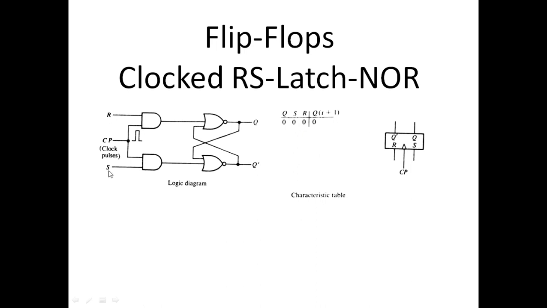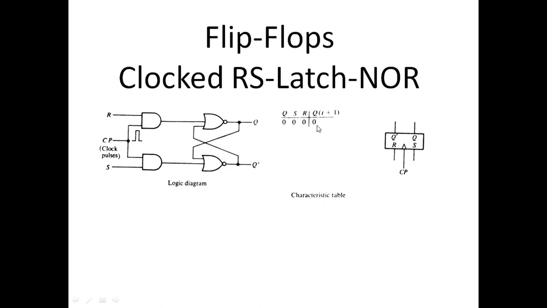Assuming CP is 1 all the time, we get 0, 0 here. So when we get 0 and 0 for both of the SR latch inputs, the current state of the flip-flop will remain as it is.